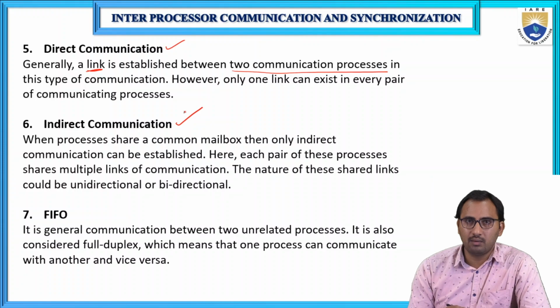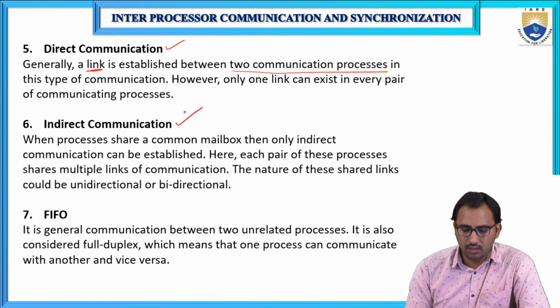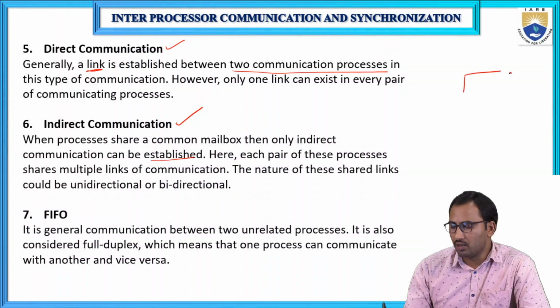And coming to indirect communication. So what is indirect communication? When processes share a common mailbox, then only indirect communication can be established. Just before, we have seen about the mailbox.